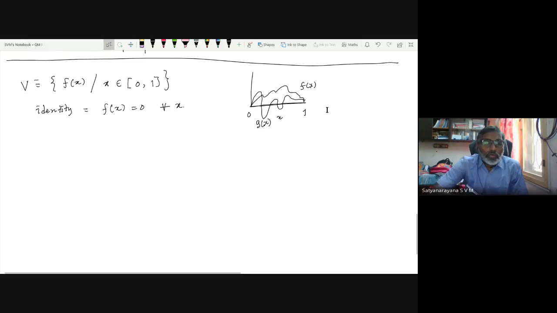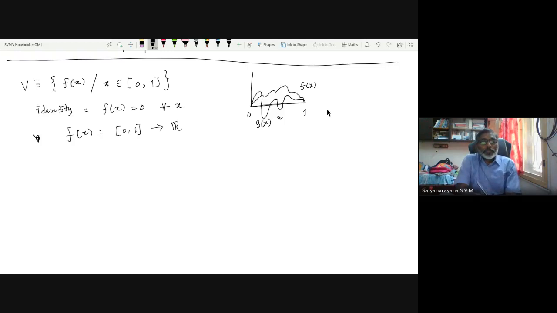So just like what we have defined earlier, this function f of x is defined from the interval [0, 1] to real numbers, or you can say to complex numbers, it doesn't matter. So the question we are now trying to ask is, what is the dimension of this vector space?